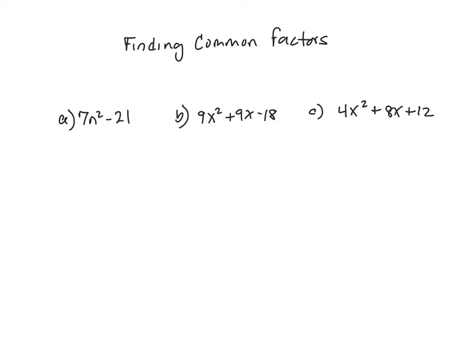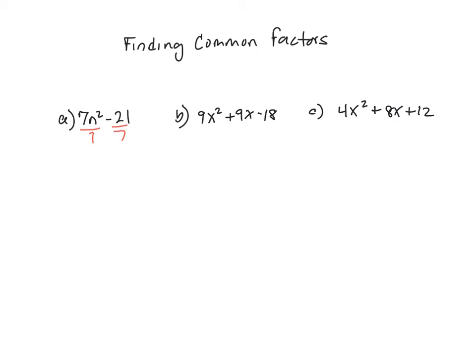Alright, with that last example on the previous page, we actually pulled out a negative 1 from all my terms, and it was a common factor. So let's practice finding those common factors before we continue to factor our expression. So here, looking at a, 7n squared minus 21, I know that I have a common factor of 7 in each one of those terms.